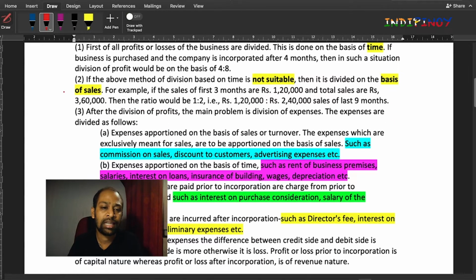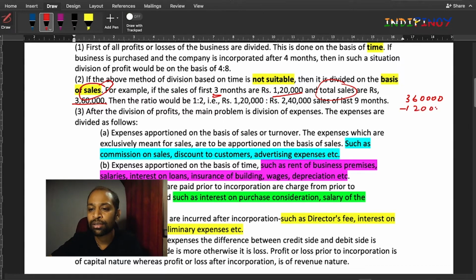This is going to be based on sales. For example, if the first 3 months' sale is 1,20,000 and the total sale is 3,60,000, that is 3,60,000 minus 1,20,000.